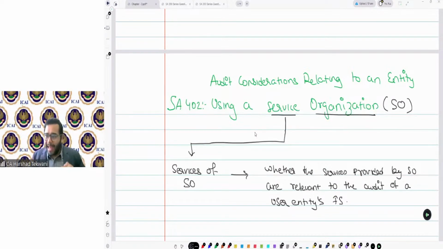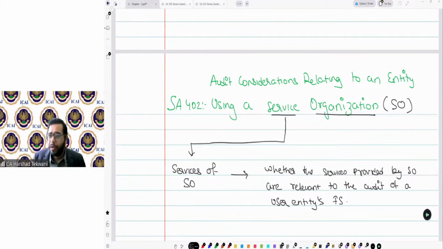If yes, then only I will understand the services, their controls, and their process in detail. So the first and prime question that I need to ask is whether the services provided by the service organizations are relevant to the audit of a user entity's financial statement, yes or no. Then only I can go forward.